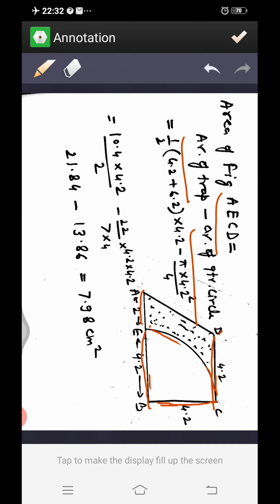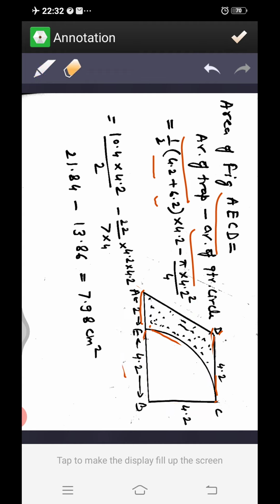So area of trapezium, sum of parallel sides. One side is 4.2, other side is 4.2 plus 2, that is 6.2. The sum of parallel sides is 4.2 plus 6.2 into distance between parallel sides, that is also 4.2.